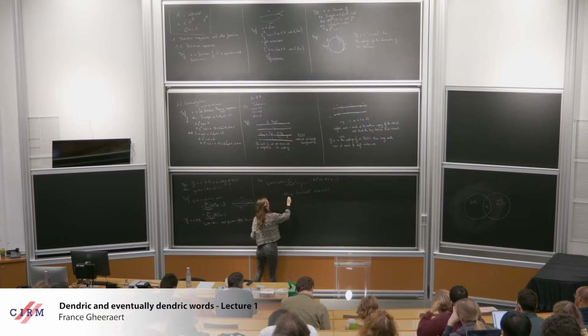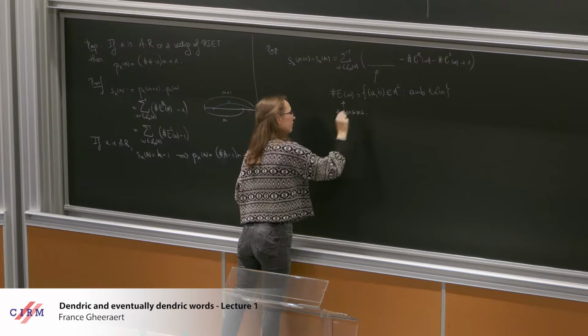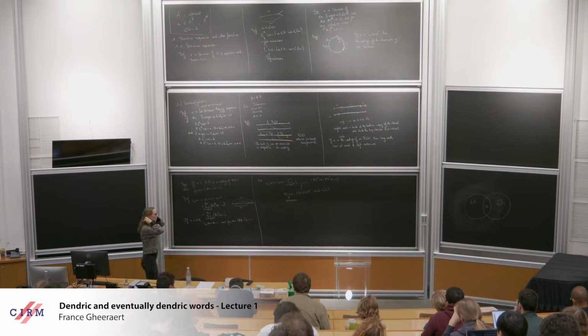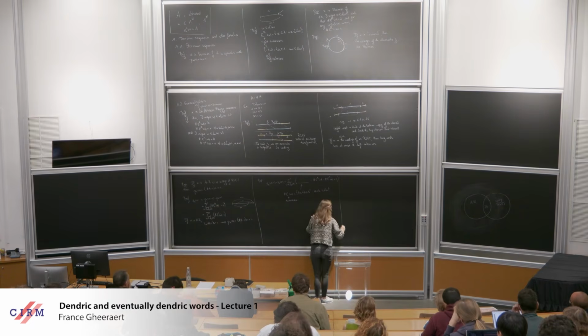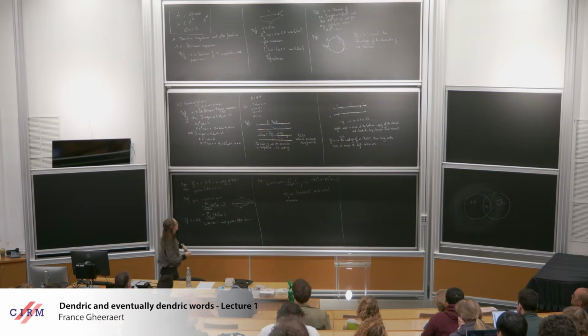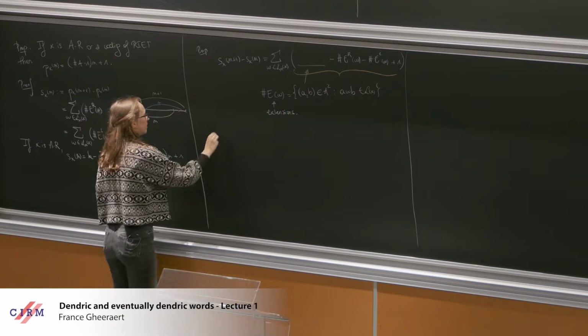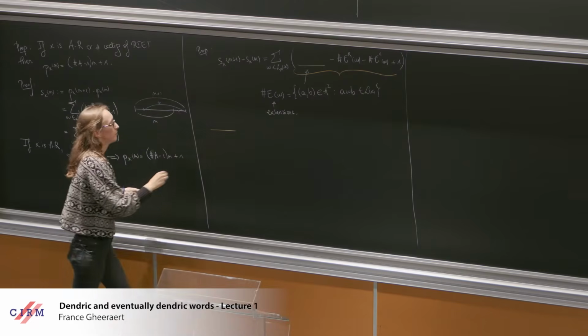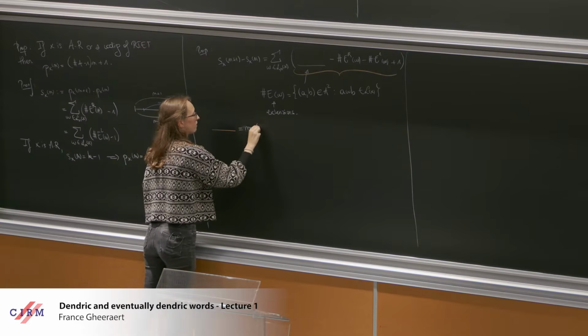So these are the extensions. Oops, and let me just say something. This value here is what we call the multiplicity of w.